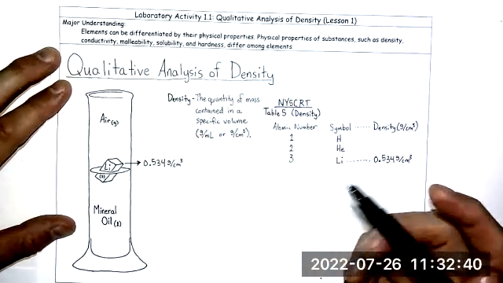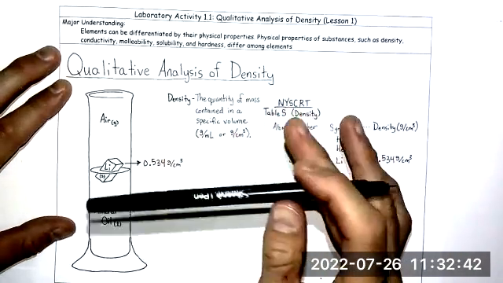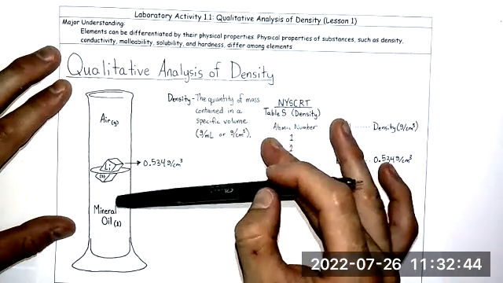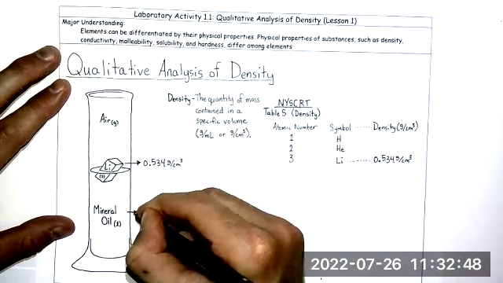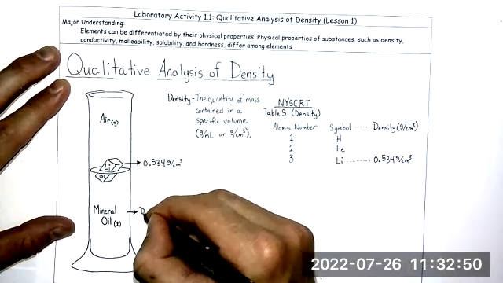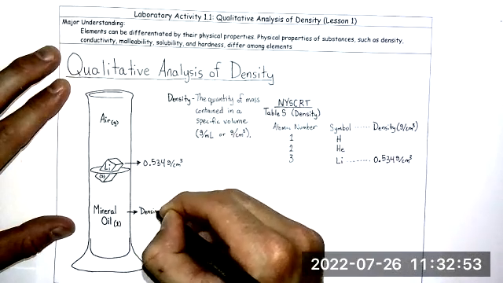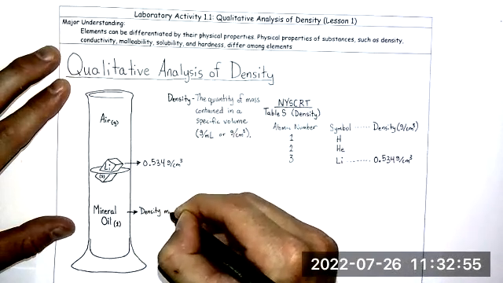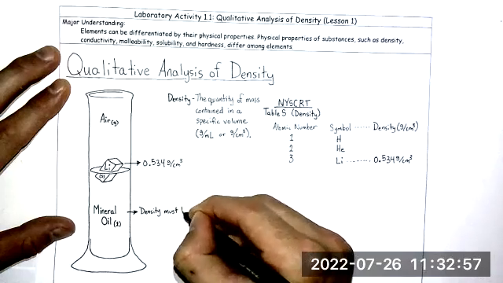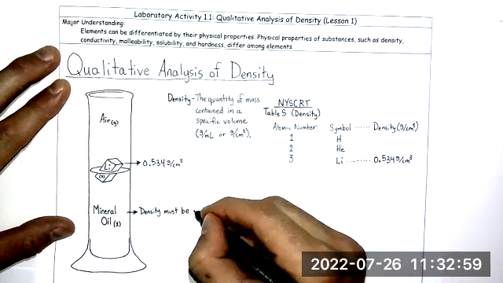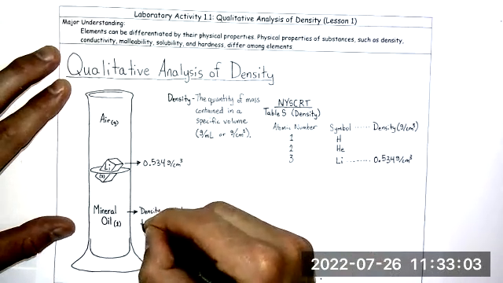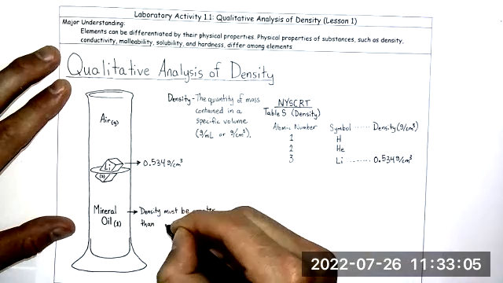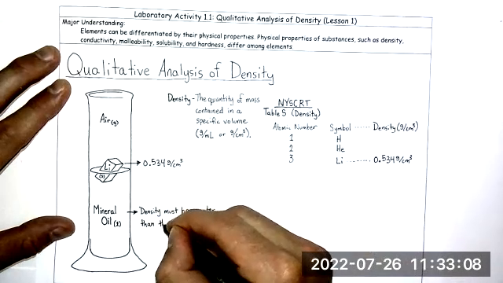Now, the rule is that something that's less dense will float on something that's more dense. So because of that, we know that mineral oil's density must be greater than the density of lithium.